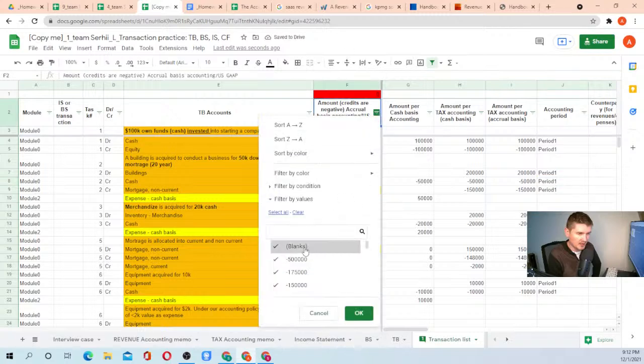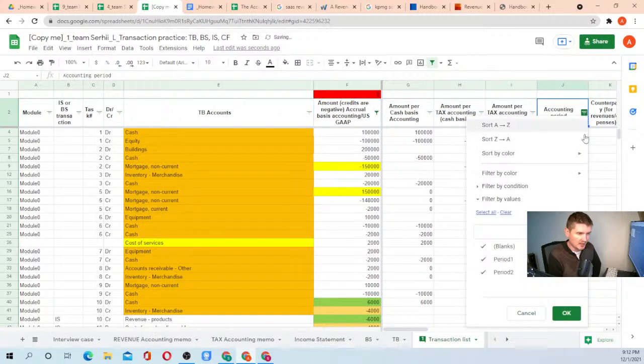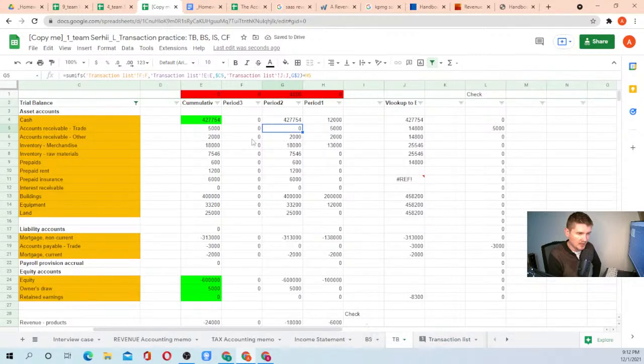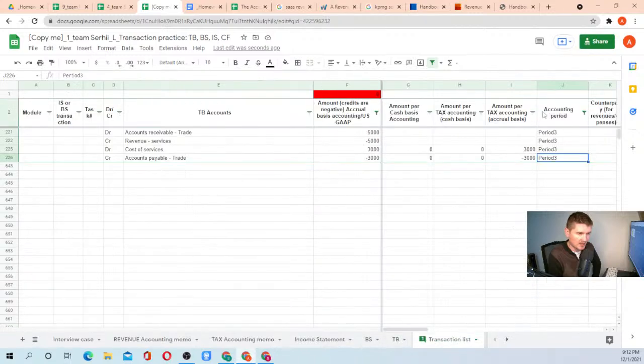So I will pick up numbers here and I would remove periods here. Yeah, so I have a couple of transactions without period, so I can allocate this to period 3. And now our last period is period 3. For some reason it still doesn't want to work. Let's go back here. No, period 3 should work. And accounts have correct names.